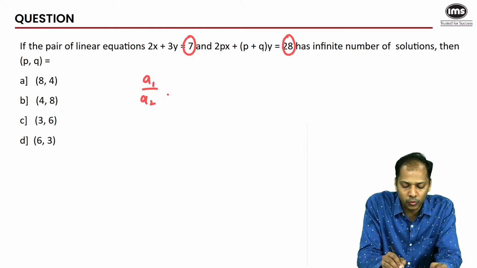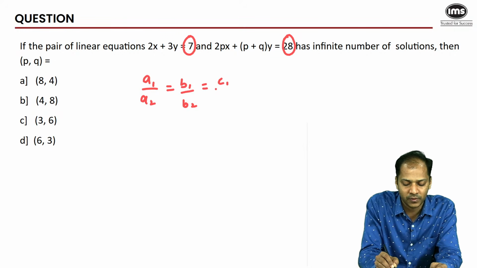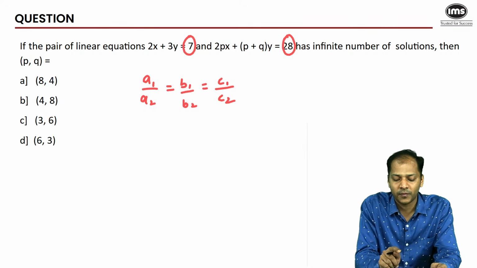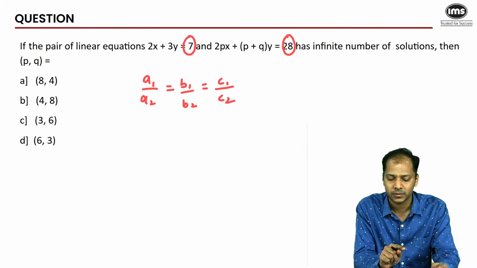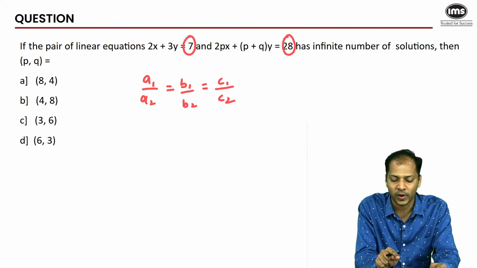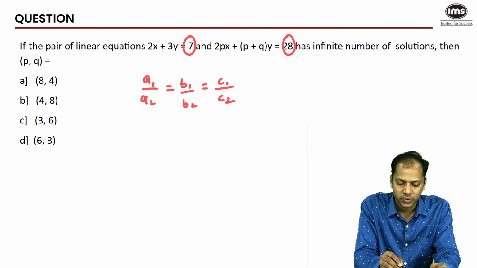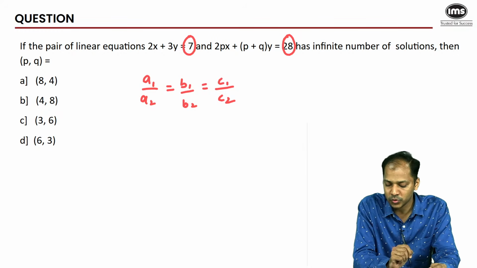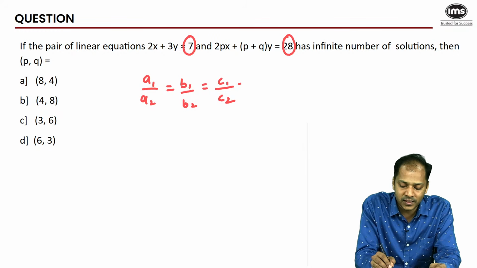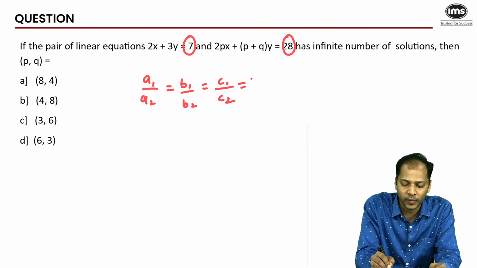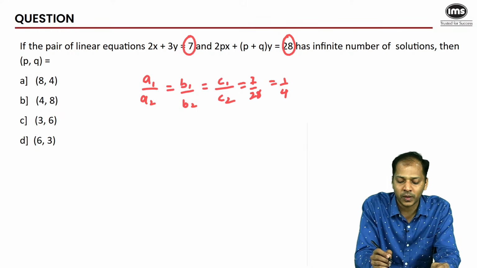A1 upon A2 should be equal to B1 upon B2 should be equal to C1 upon C2, where A1, B1, C1 are the coefficients of x, y and the constant term. Clearly 7 upon 28, this ratio is known to us. That's nothing but 1 upon 4. So the other ratios should also be 1 upon 4.